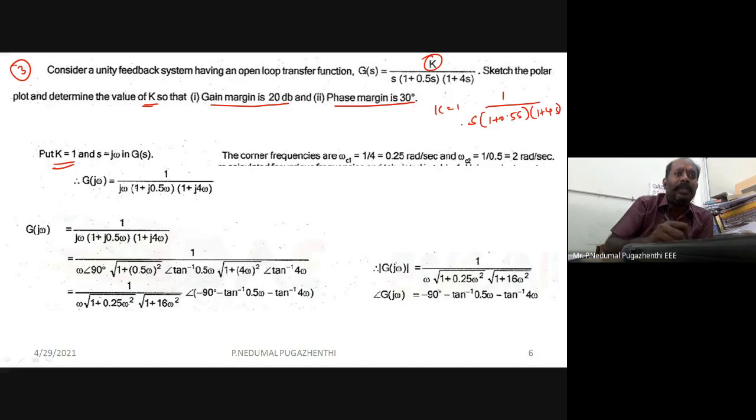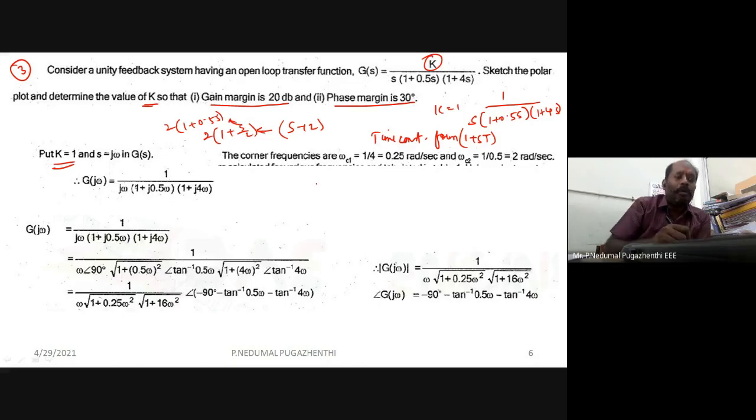Again, I am verifying that these two factors in the denominator are of the time constant form, which is the 1 plus sT form. If it is not, you have to form it. If you have s plus 2 there, you have to convert that into 2 into 1 plus s by 2, so 2 into 1 plus 0.5 s.